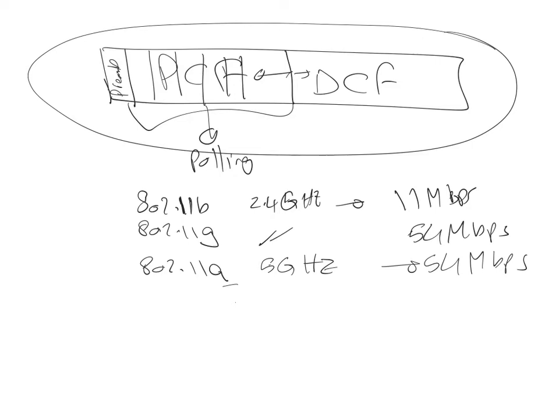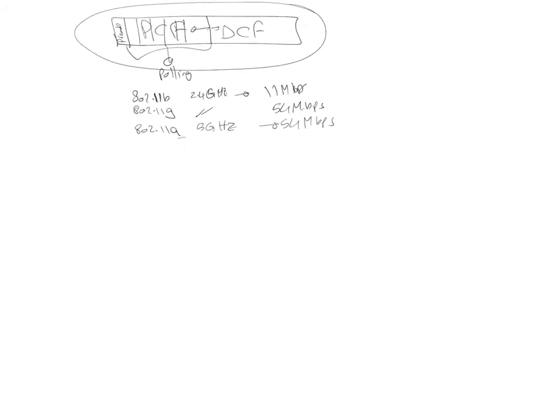Okay? Then we studied these standards in terms of the fact that we can use DCF, and we studied DCF. So DCF works as follows. Any transmitter tries to sense the environment. If the outcome of this sense is that the environment is idle, then what do we do?